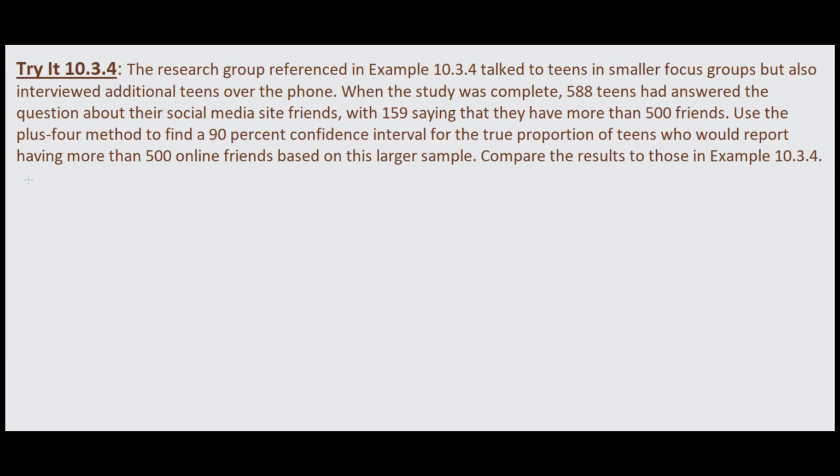So first off, let's write down what we know our given information is. In this instance, we know that 588 teens were surveyed, so N equals 588. 159 of those said that they have more than 500 friends. So P, our proportion of successes, is going to be 159 out of 588.